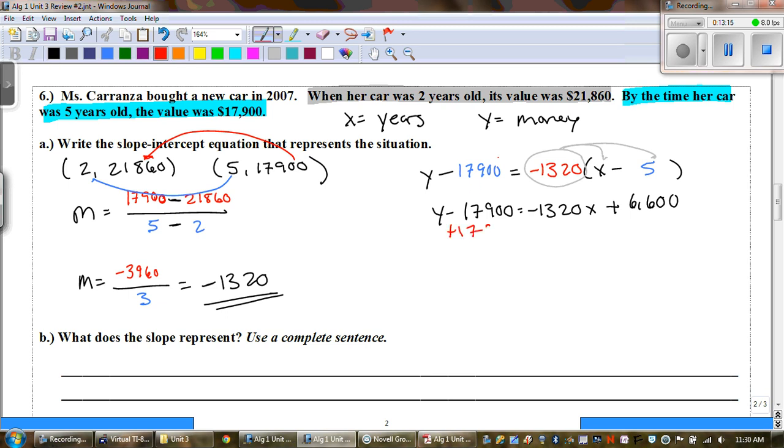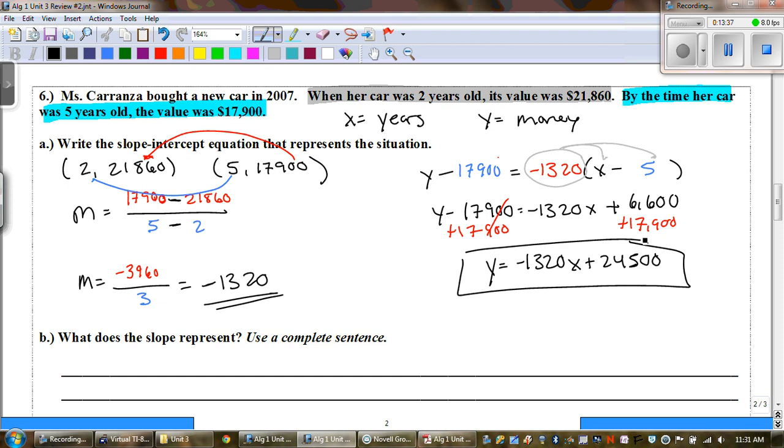Okay, so we have to add the 17,900 to both sides. And we get that y equals negative 1,320x plus 24,500. Woo! So there we go. That's our equation.